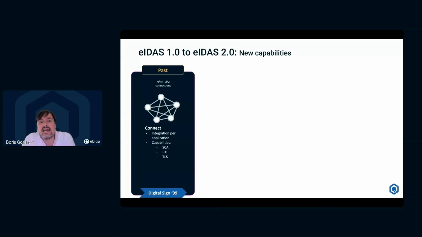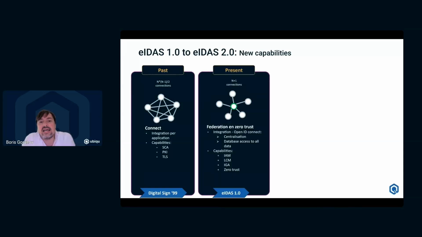Because this model is complex and doesn't scale, we started to centralize the interconnection between organizations. So I interconnect to the centralized system and I trust the data because it comes from the federated network. But that means that there is access to all the data through centralization, and that introduces friction because not all relying parties can easily be part of the data exchange.